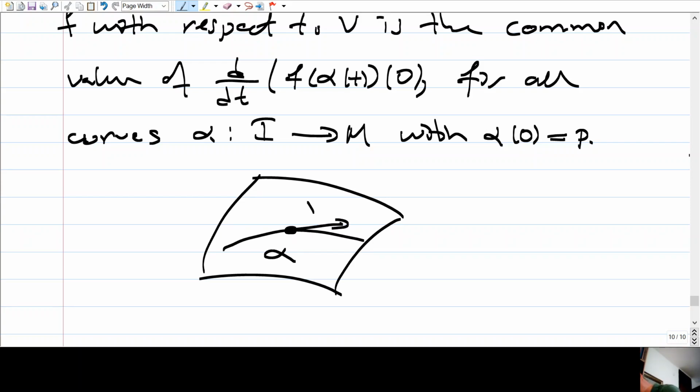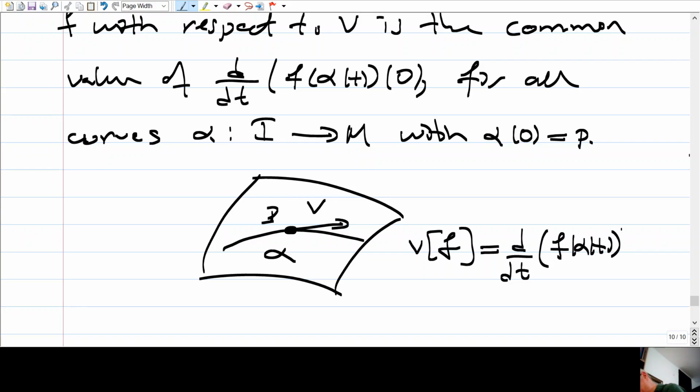If I want to take the derivative of a function at this point along this vector, all I need is a curve passing through this point at, let's say, 0, and then the derivative of f at this tangent vector is nothing but the derivative of this composition. Okay, this is a function of t, and you compute this derivative and evaluate it at t equals 0.